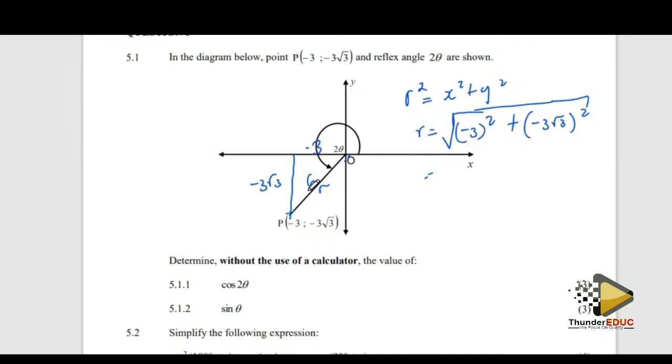You must always have positive values. Then from there, we can now answer the question of cos, because we know that cos is adjacent over the hypotenuse. So our adjacent is -3, and then the hypotenuse is 6. So the answer becomes -1/2.